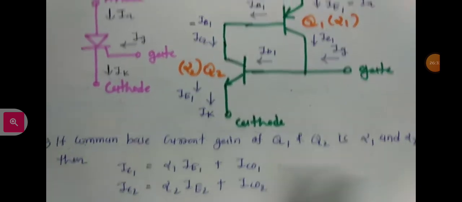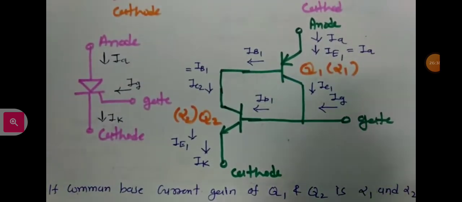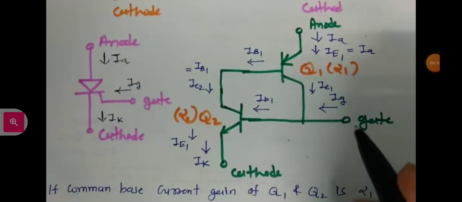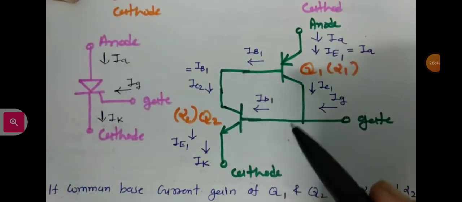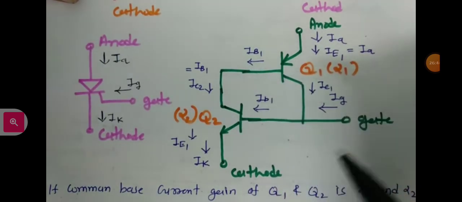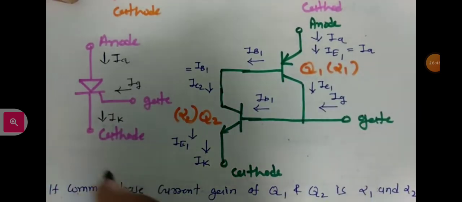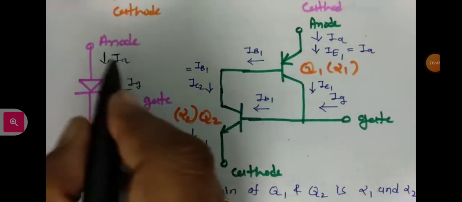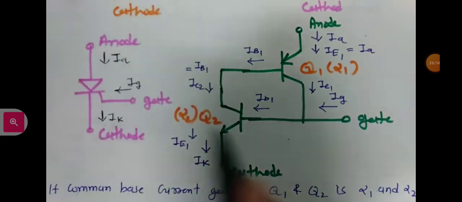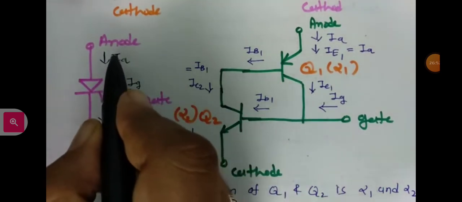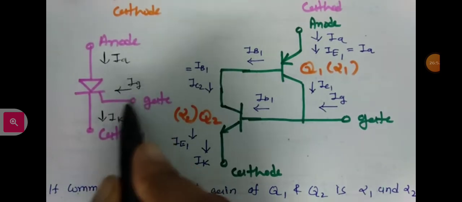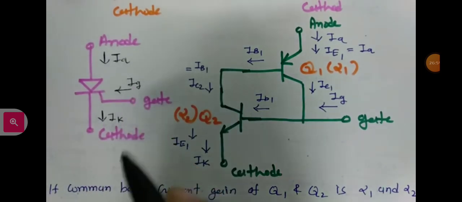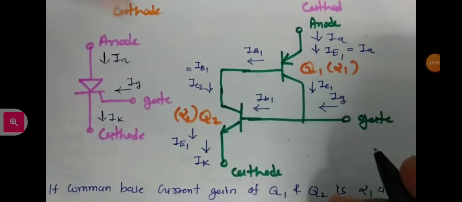Before I derive the basic analogy of SCR using the two transistor analogy, let us understand our goal. Our goal is to derive the anode current, and I want to see what the anode current will be with respect to gate current and how it functions internally inside the transistors.